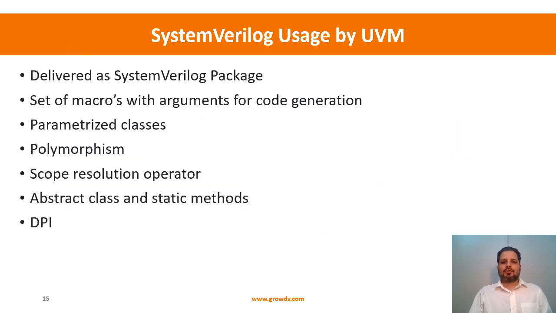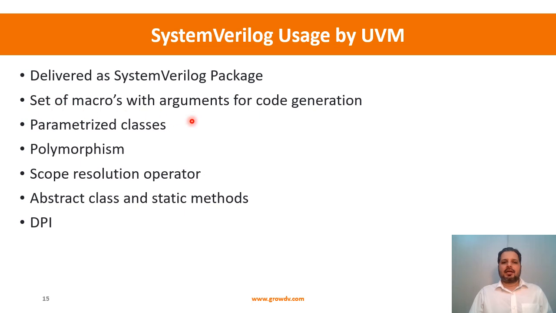So these are some of the concepts that are used by UVM. It's delivered as a SystemVerilog package, and during our SystemVerilog package session we discussed why it's delivered as a package: because it's precompiled, so it's able to load very quickly.